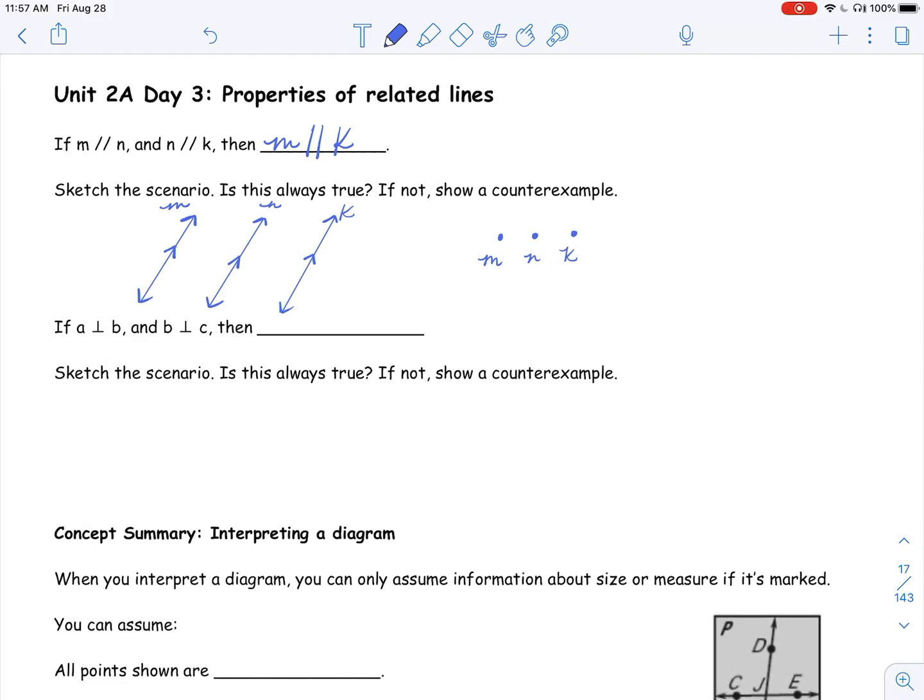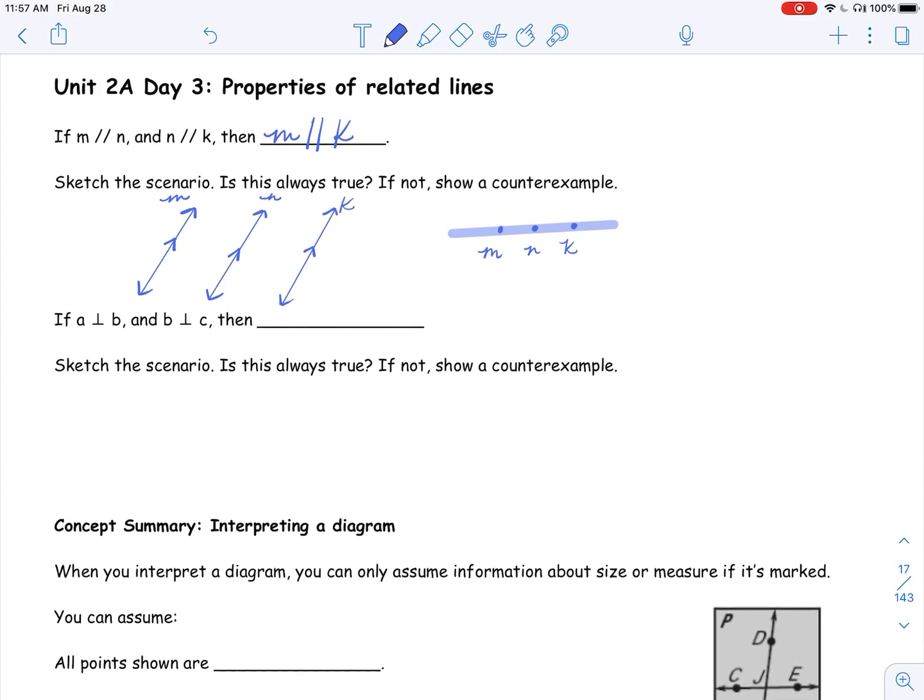As of right now, all three of these lines are in the same plane. What happens if I take one of them, and what if I put K up here? So our question is, is M still parallel to K?